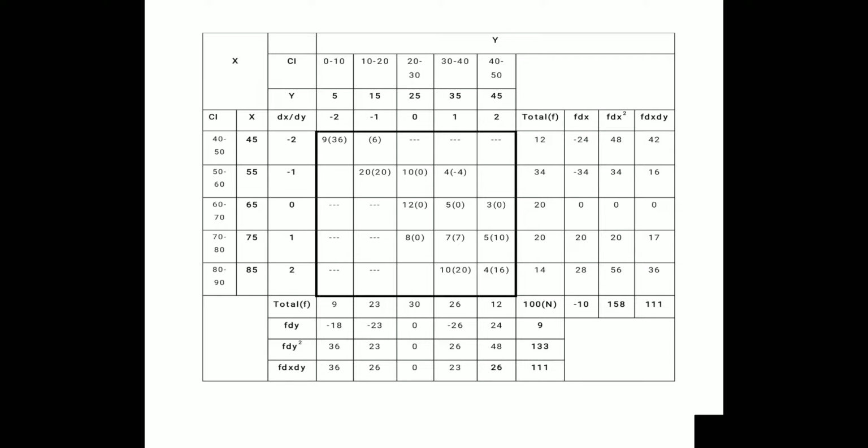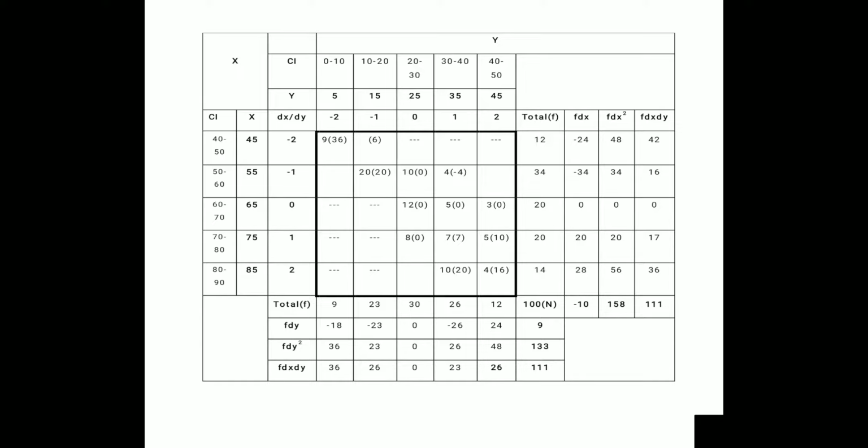The procedures I have already discussed in the previous sessions also. So the class interval values have to be converted into mid values to consider the values of x and y. So now we have to calculate the mid values for each class interval, and then the second step is to assume dx and dy. Here dx is assumed as 65 and dy is assumed as 25. So that is about the second step.